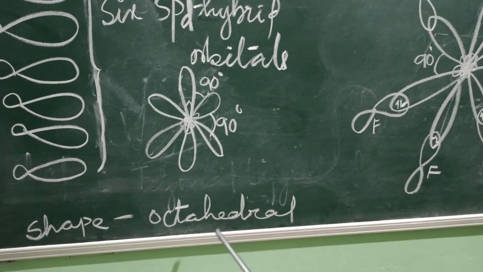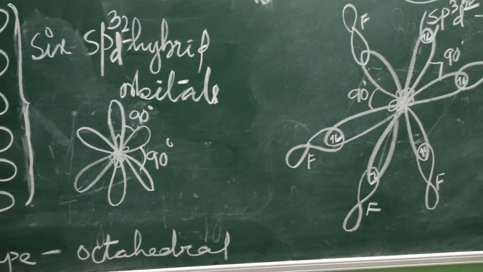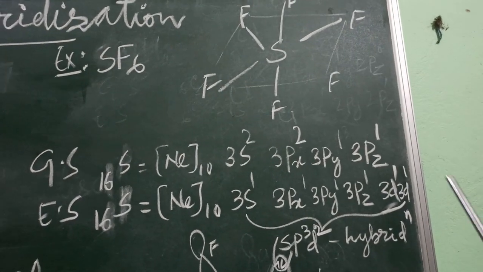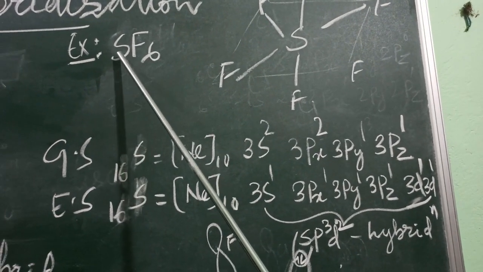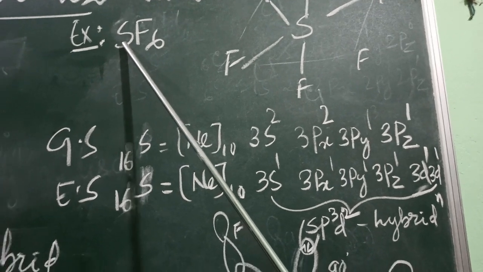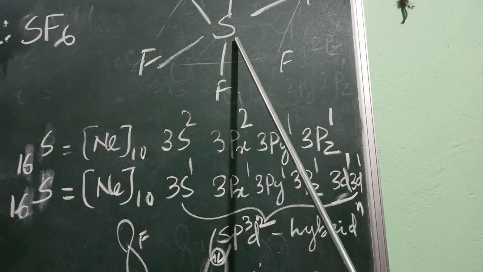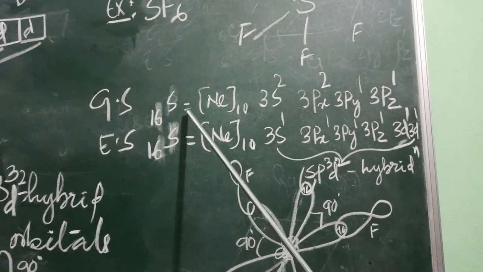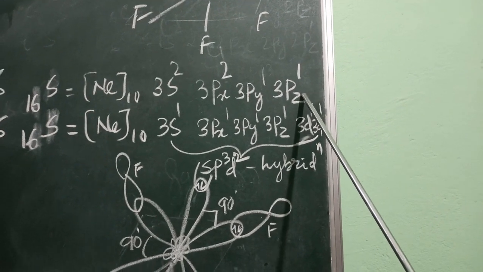We will see this octahedral shape through a model. For example, we can take sulfur hexafluoride. The central atom is sulfur. The bond pattern of sulfur is like this. The electronic configuration of sulfur is in this way.